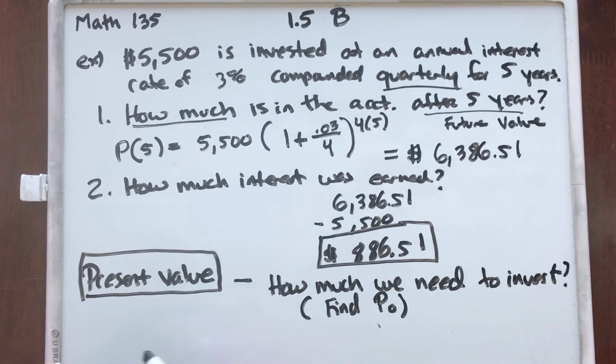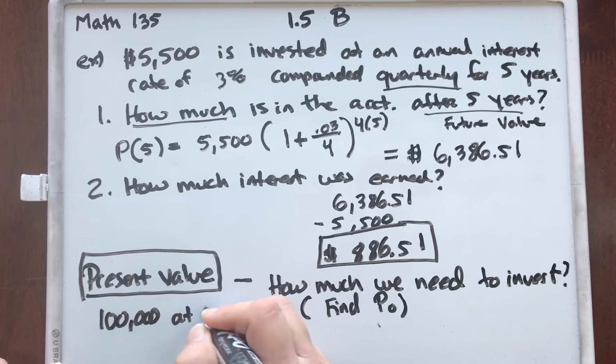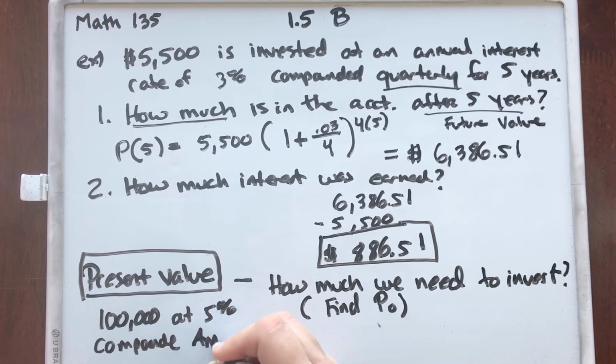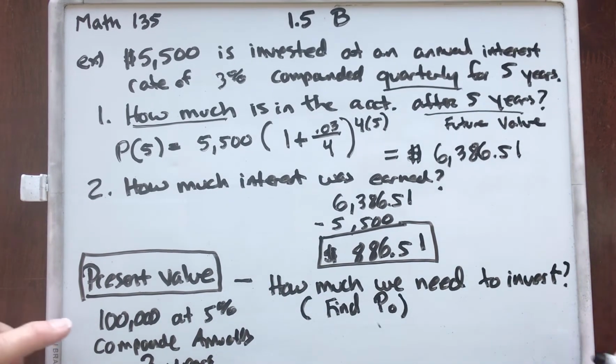So let's say that we have a question where we want to have $100,000 at 5%. This is what we want to obtain: $100,000 in an account that has 5% compounded annually for 3 years. All right, so this 100,000 is what we already have.